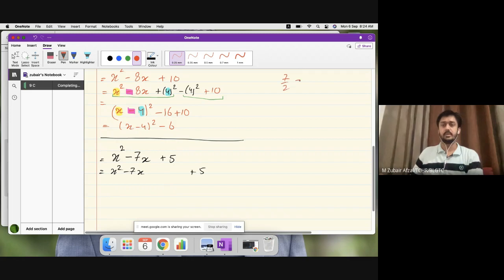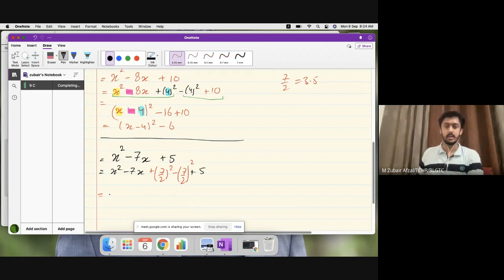Half of 7 is 3.5. Even if you do that is correct. But in the last class, I suggested that use fractions. This will also help you in practicing LCM. One of the thing, and the second thing is that you will get answers in exact form. You don't have to round off it. So you add 7 by 2 and you subtract 7 by 2 squared.